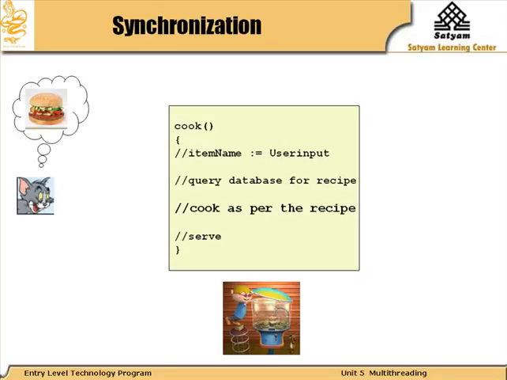Here is Mr. Tom, who wants to eat a burger. Mr. Tom orders a burger from Mr. Cook, and Mr. Cook receives the input. Mr. Cook brought the recipe from the database, and now he started cooking.